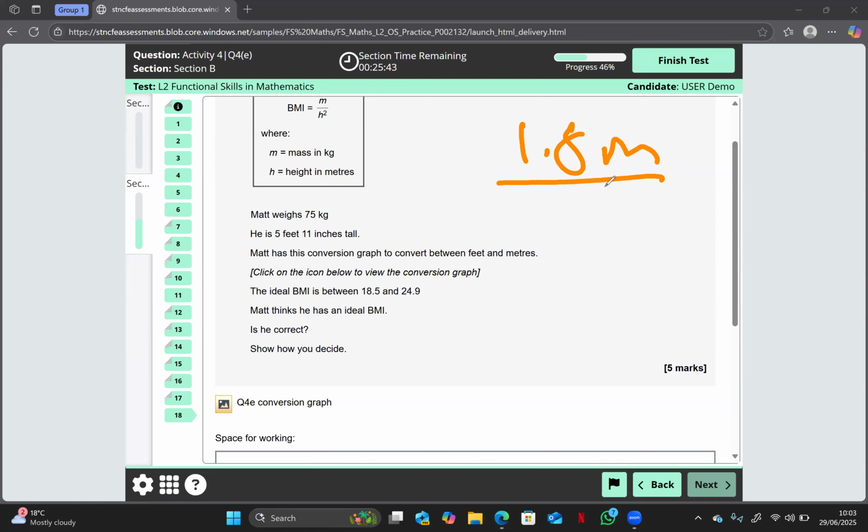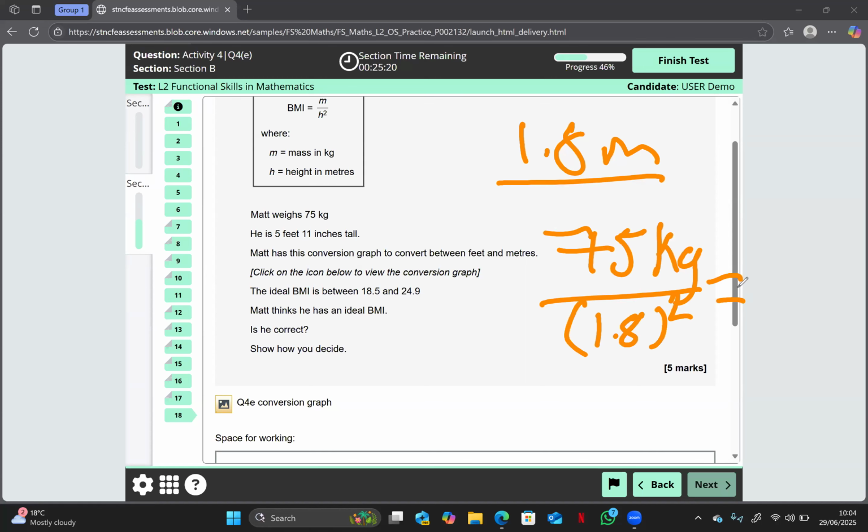Now he has this conversion rate, so the BMI is 18.5 to 24 now. Mass in kg is 75, so 75 kg divided by height, so 1.8 meters squared equals, so 75 divided by 3.